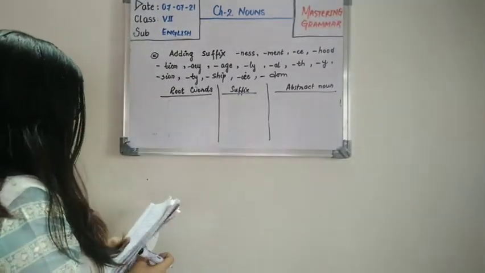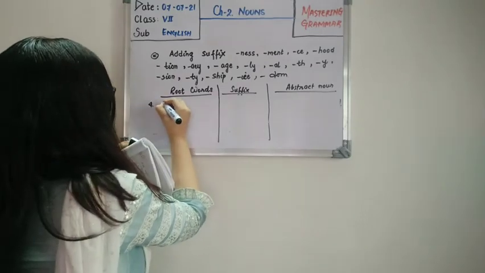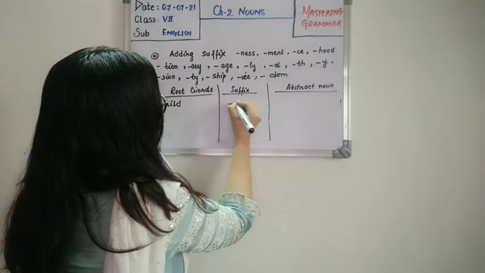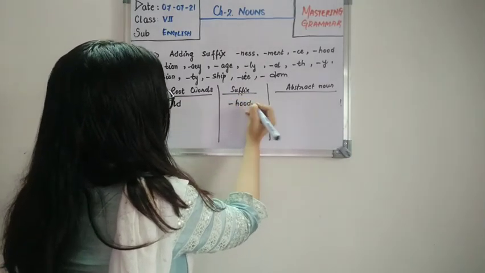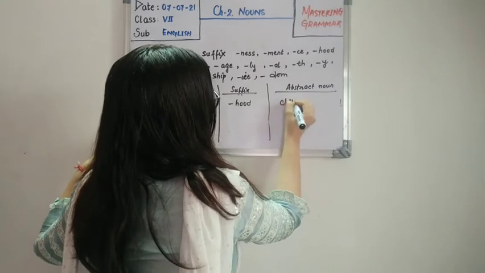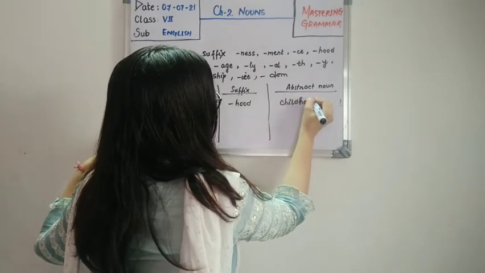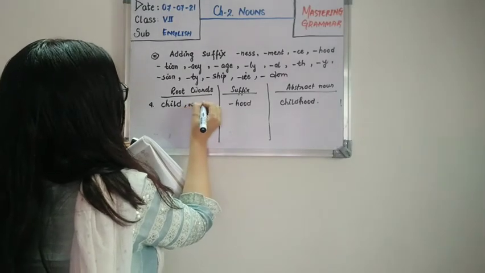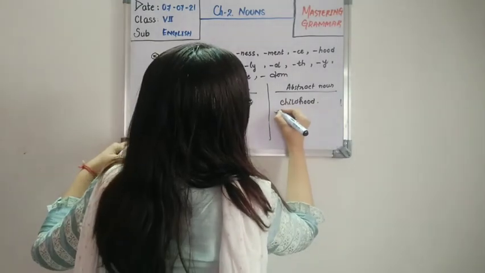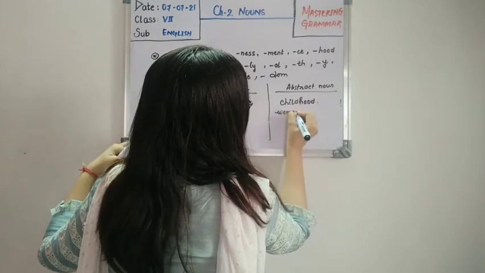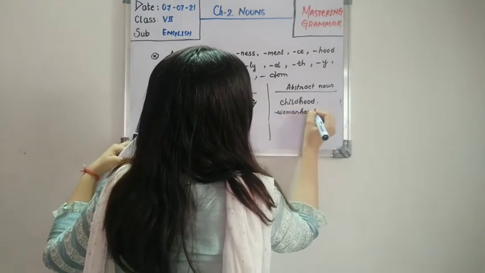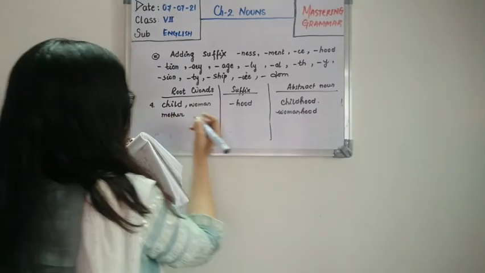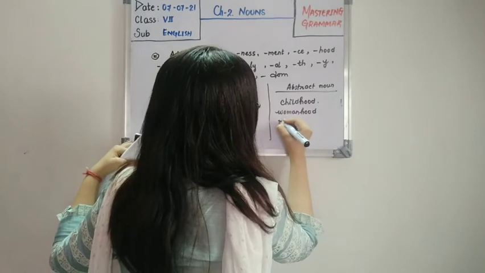The next word is child. Child is a common noun. What does it become? We will be adding hood to it and it becomes childhood. Similarly, from this term, we will get a lot of words like woman. Woman becomes womanhood. Mother becomes, when we add hood here, motherhood.